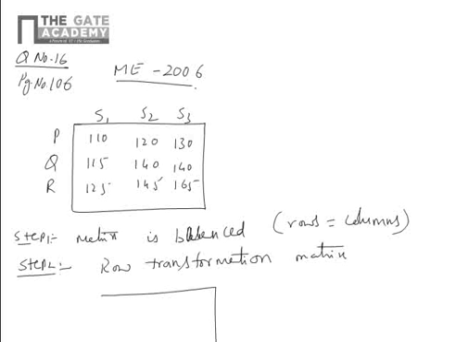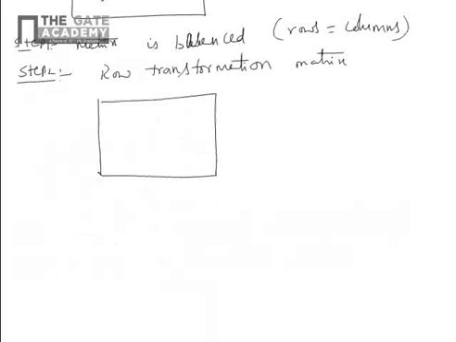Subtract it: 110 minus 110 is 0, 120 minus 110 is 10, 130 minus 110 is 20. Similarly the remaining rows: 0, 25, 25, 0, 20, 40. This is the first step.